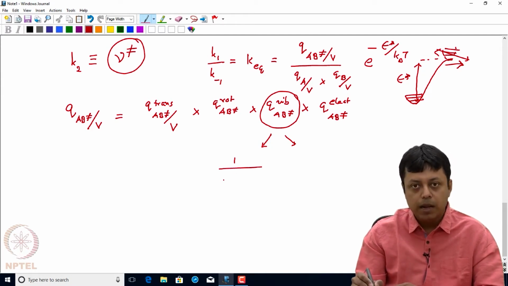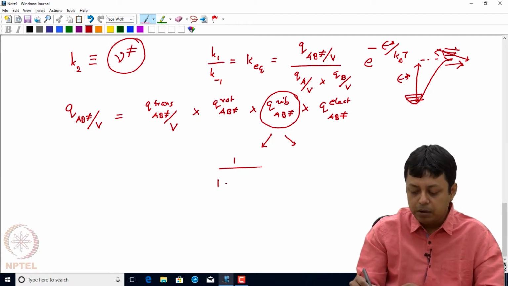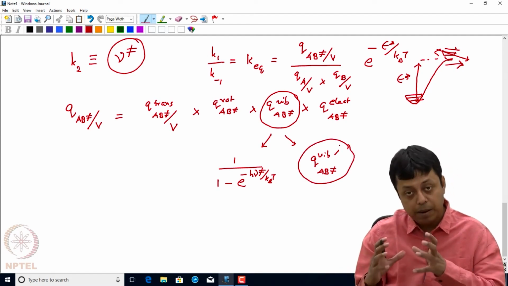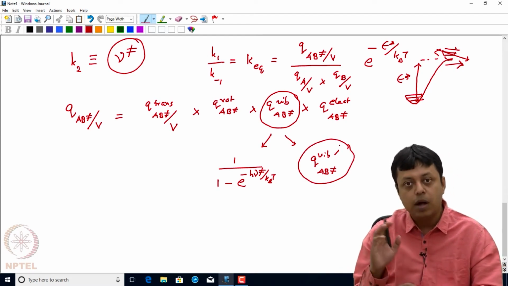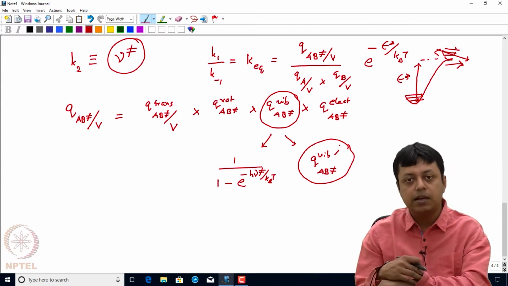It is 1 by 1 minus e to the power minus h nu by kBT, here it will be h nu dagger for that particular partition function, and the rest of the thing I am writing as Q vibration of AB dagger with a prime notation. This prime means it is basically the vibrational partition function except one degree of freedom, the degree of freedom which is along the reaction coordinate and which has a characteristic frequency nu dagger.